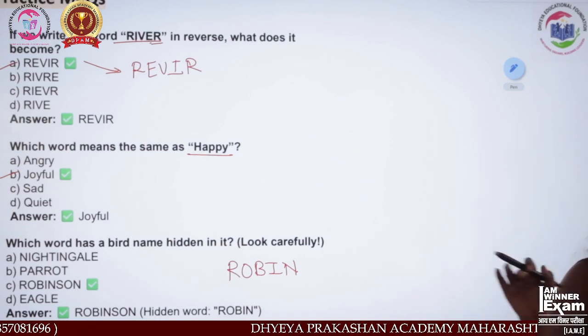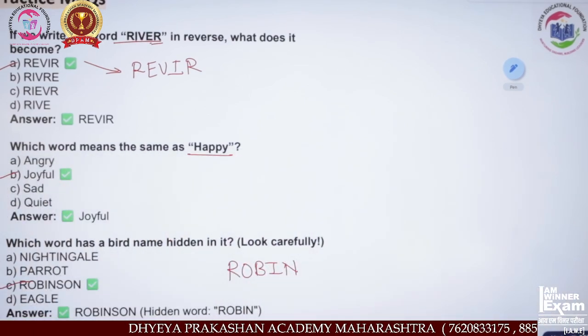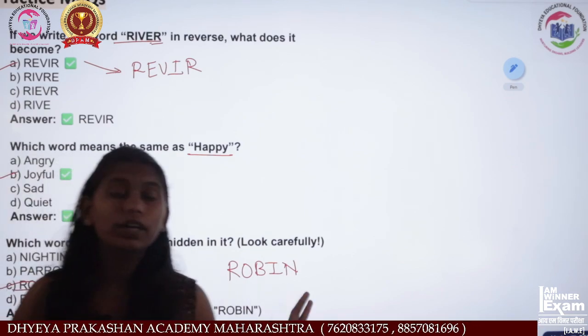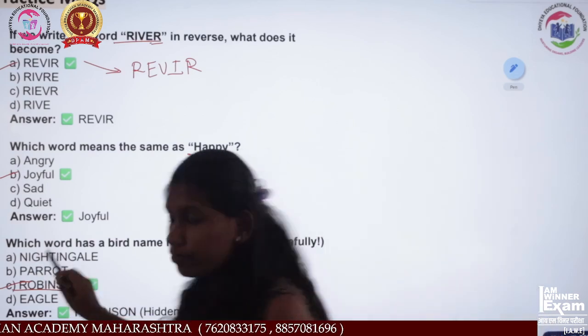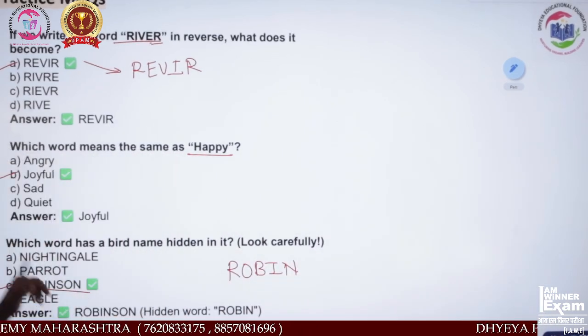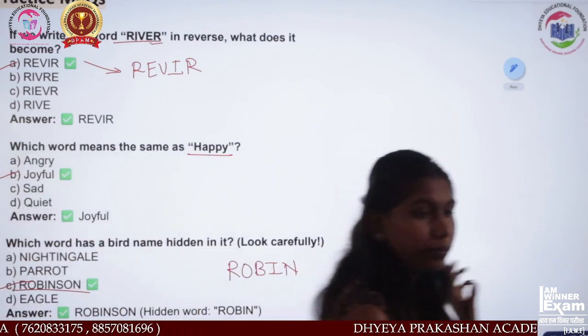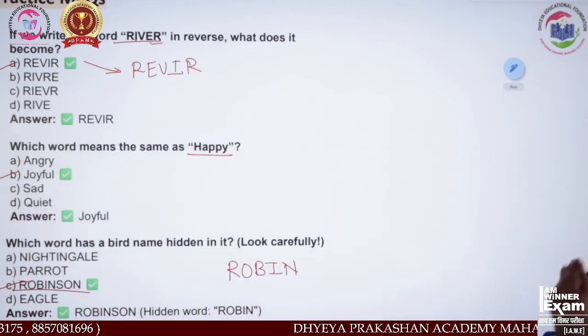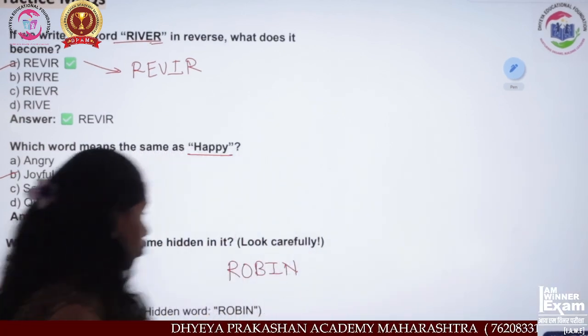So option C will be the correct answer. Why? Because Robinson, this whole word has a hidden bird name, which is the robin. But if you look at the other words, parrot or nightingale or eagle, these are birds directly written. But in the third one, there is a hidden word, that is robin.